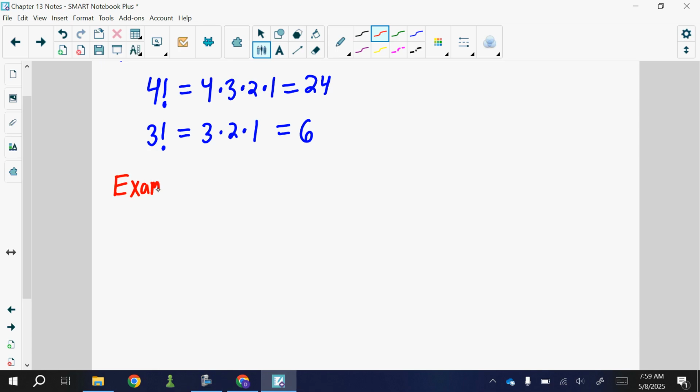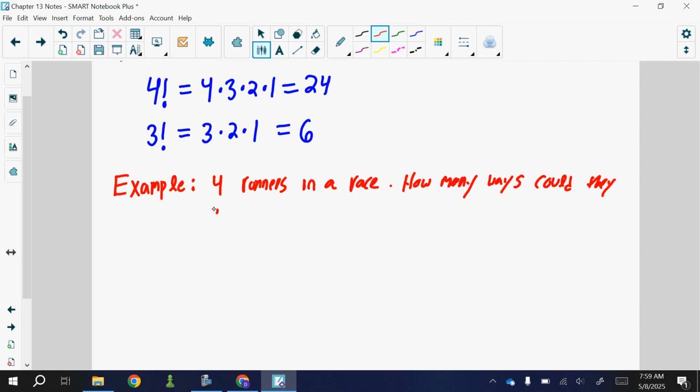Say, for example, I had 4 runners finishing a race. How many ways could they finish? I know by the fundamental counting principle I'm going to end up multiplying these together.